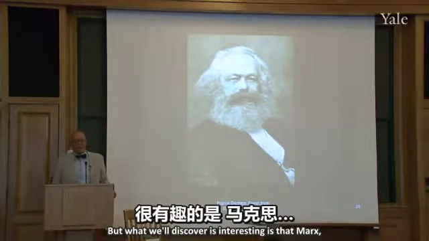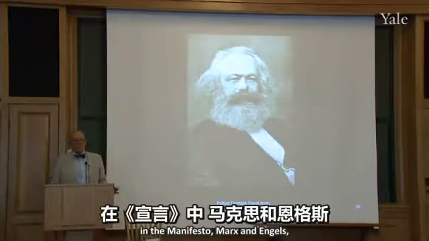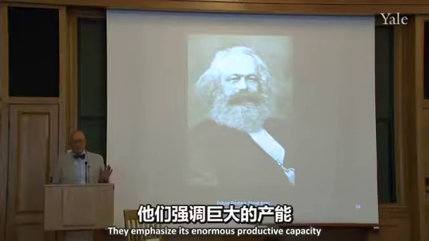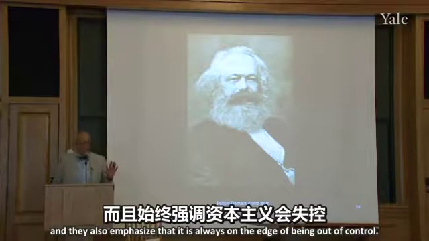But what we'll discover is interesting is that Marx in the manifesto, Marx and Engels, look at capitalism in a way very similar to the way we look at it today. And they emphasize its enormous productive capacity. And they also emphasize that it is always on the edge of being out of control.